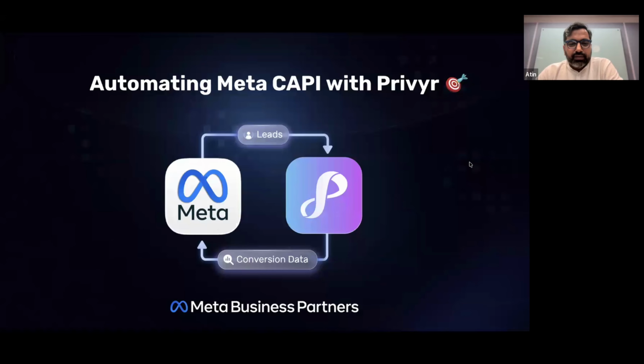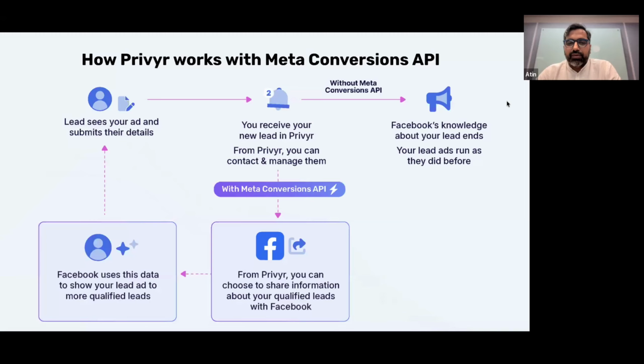All right. So automating Meta Conversions API with Privyr. And remember, I said it takes few minutes to do it. And Privyr is one of the only mobile first CRMs in the world to do it, and that too almost plug and play. So how it works is very simple.